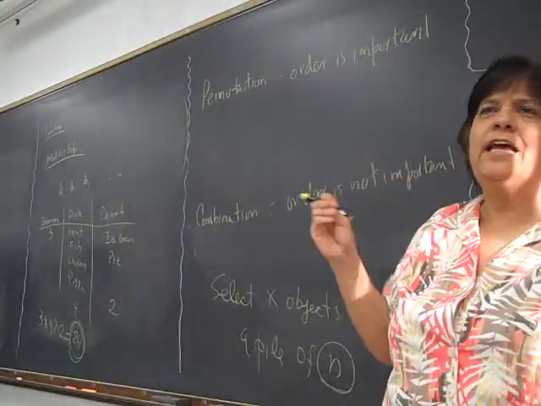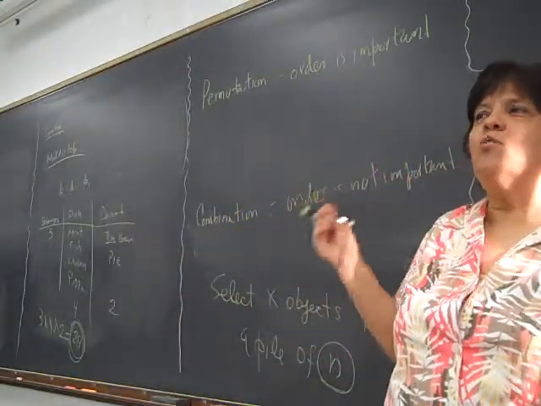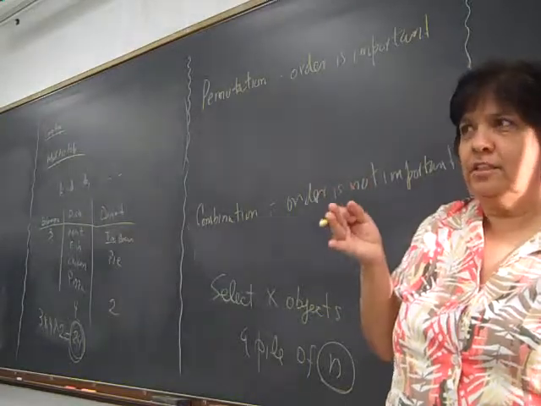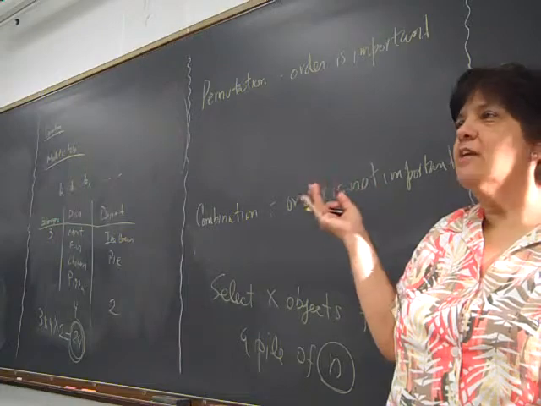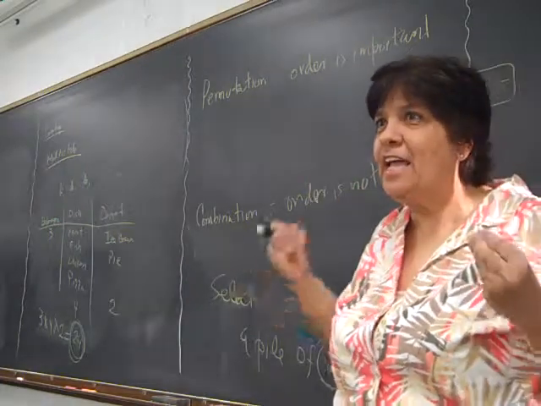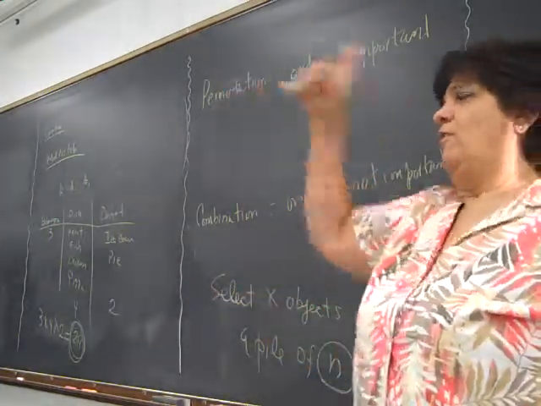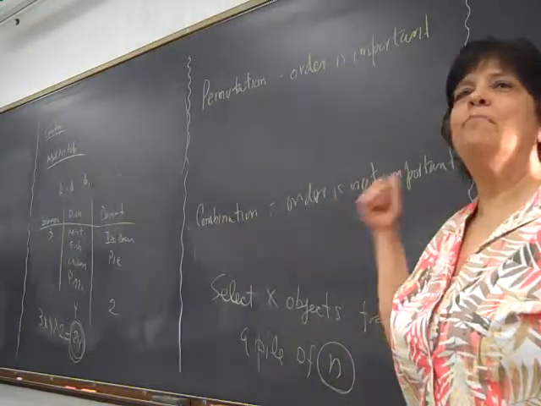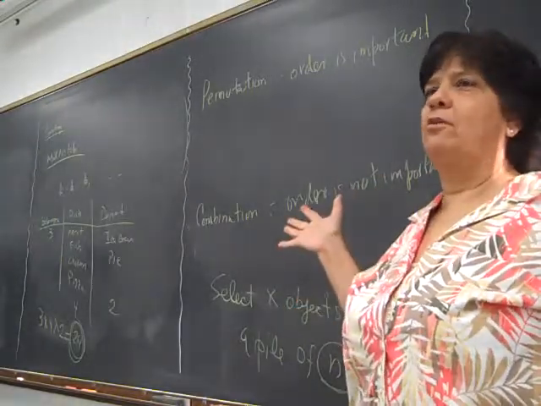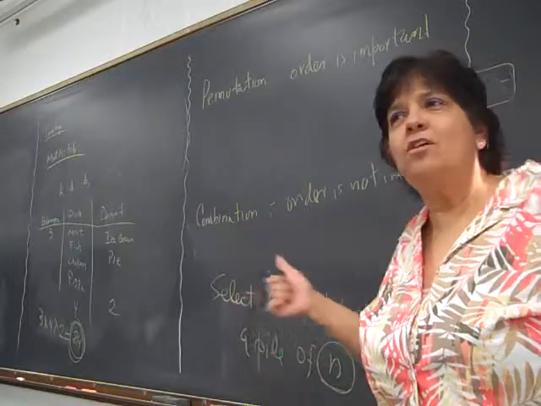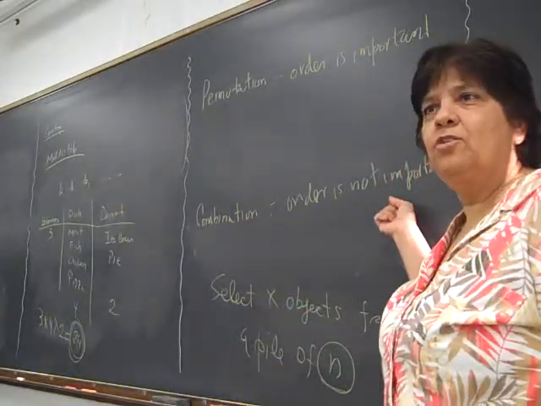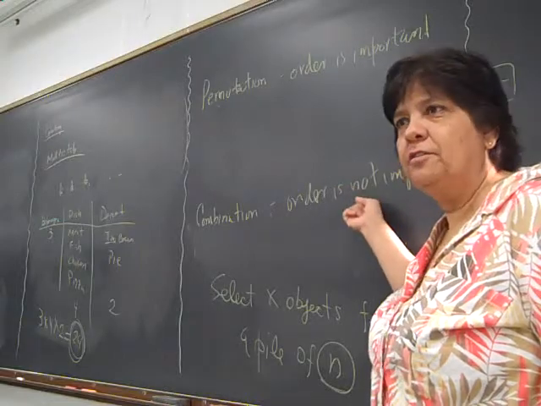Okay? So let's say that I have 50 students and I want to take 3 of my students to Orlando, I guess. How many possibilities do I have? Now, the first question, is the order important? All of them are going to Orlando. The order is not important. So we're going to use what? Combinations.